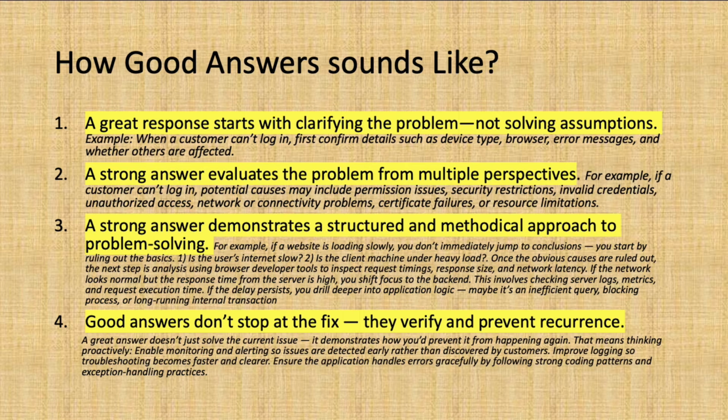Like the same example I gave of a doctor and patient, a doctor will try to eliminate all the obvious causes, and then come up with the final solution and a prescription, right? So similarly, if for example a website is loading slowly, we want to eliminate the obvious causes, like the internet is slow, or whether the client machine has enough resources to accept or process that request.